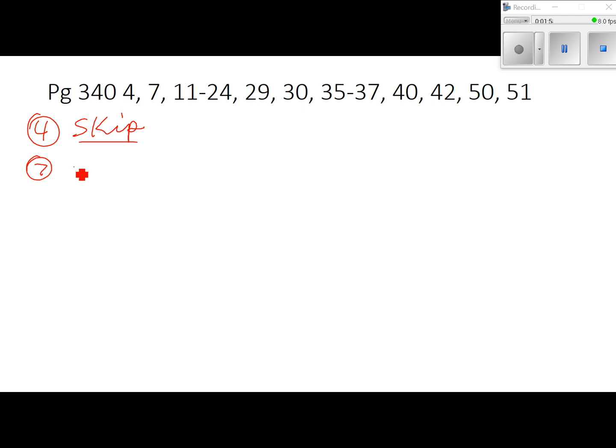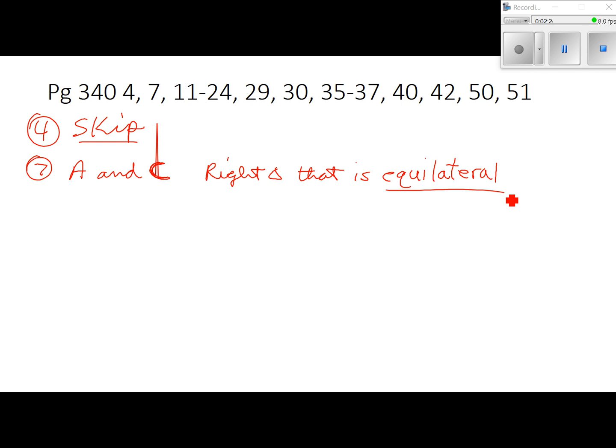Well, A and C contradict each other because you cannot have a right triangle that's also equilateral. Remember, we had a theorem that said if a triangle is equilateral, then it's also equiangular.